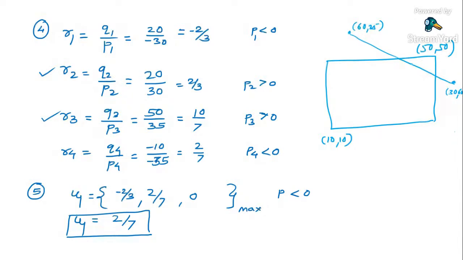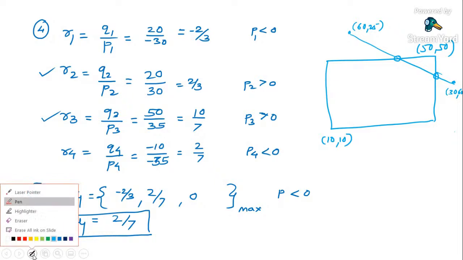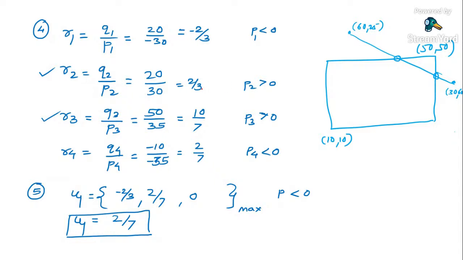Now after clipping we are getting two points, and those two points are calculated by this algorithm.